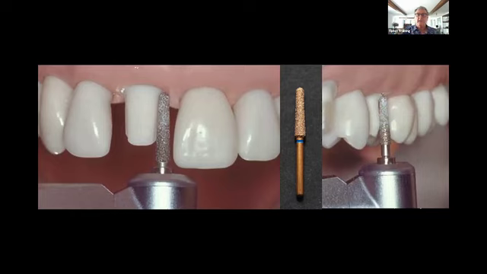So what happens then? You come to seat the restoration down, and guess what? It doesn't seat down. Somewhere around the restoration, there's a little bit of enamel that is propping the margin up, and you end up having a margin that's open all the way around. So we have to get rid of that lip.